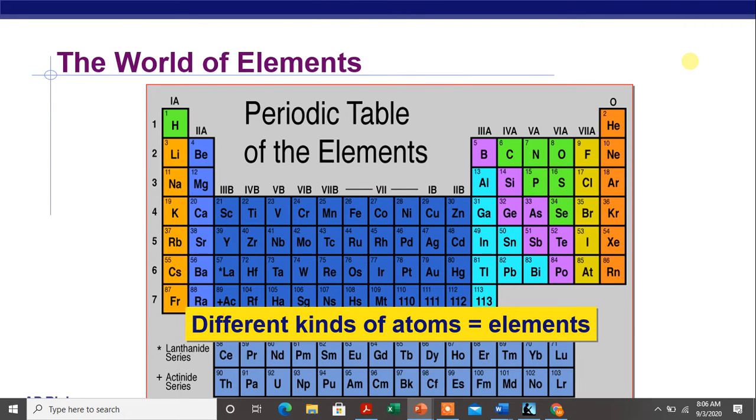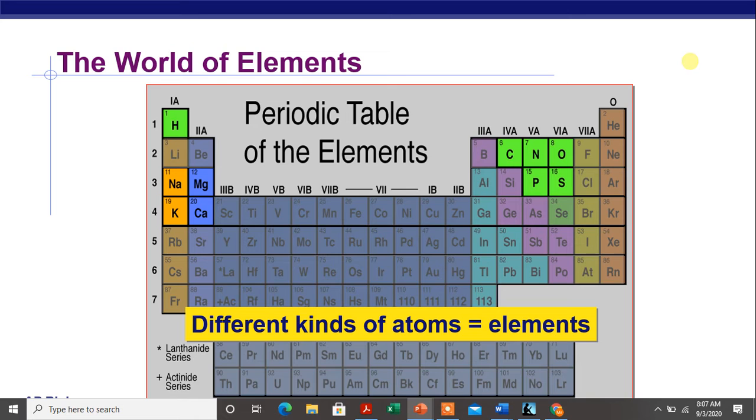Here's the periodic table. Different kinds of atoms are different elements. In specific, though, in biology, we are only going to concern ourselves really with the elements that aren't grayed out. There are some exceptions, like when we talk about the nervous system. Even though chlorine is grayed out, it's very important with the nervous system and sending messages like that. But if you look at it, there's only a handful of elements here on the periodic table that are lit up.